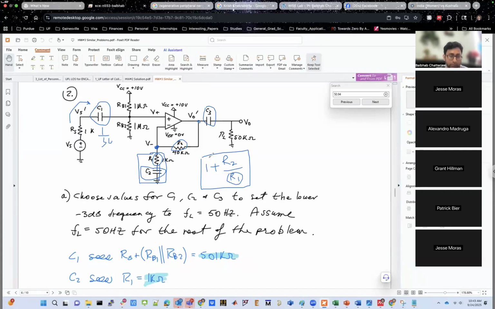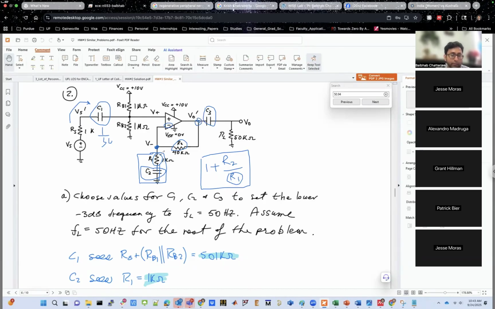So at DC, your frequency is very close to DC. What does that mean? That means that whatever voltage you have at the V minus terminal of the op amp, that is the inverting terminal, the same DC voltage is available at the output terminal as well. And that makes sense, right?